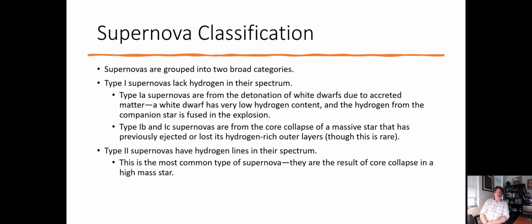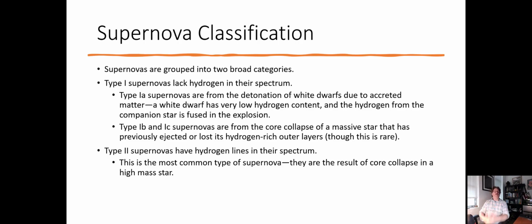Now, how do we classify these? We classify these in a couple of different ways. The type 1 supernovae, A, B, and C, have different material coming off of them, and so their spectra are going to be different than type 2 supernovae.